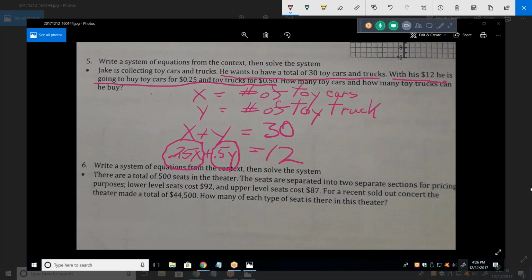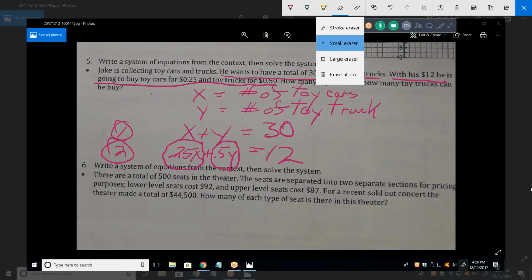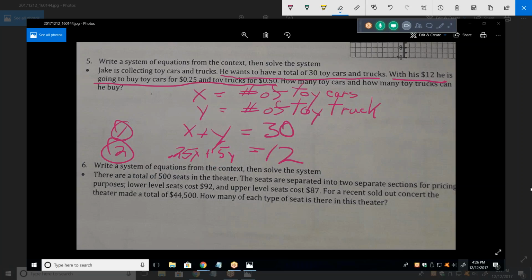Call this equation 1, this equation 2. At the moment, I cannot eliminate a variable. Remember, I can only do one of two things. I can add these two equations or I can subtract them. If I add them or subtract them right now, a variable will not be eliminated.